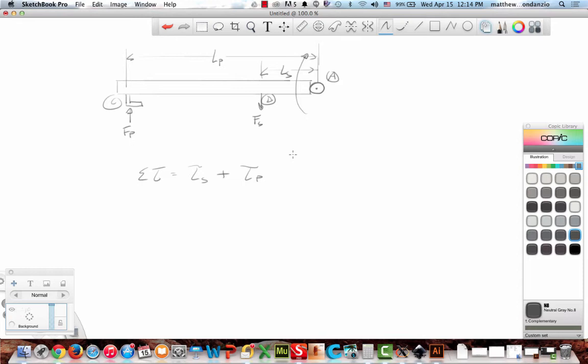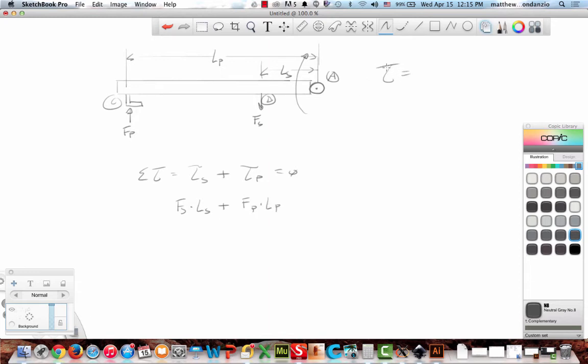Okay, so if my torques are balanced, what's the total amount of torque that I have? 0. Okay, let's break it down. How do I break down the torque from my spring? What is it equal to? The torque is F times L_S, plus the force of the push times the L of the push.